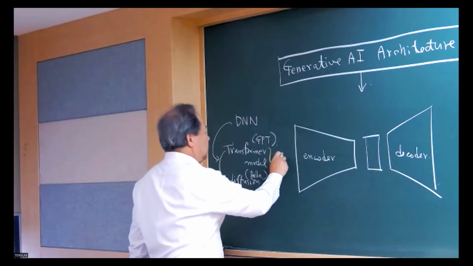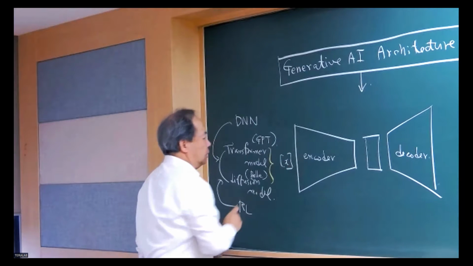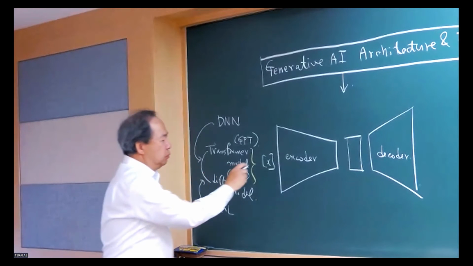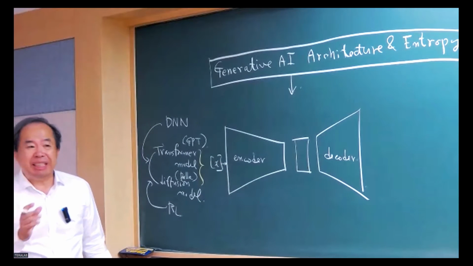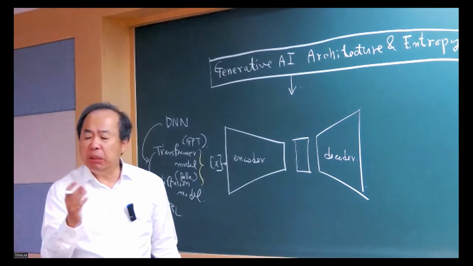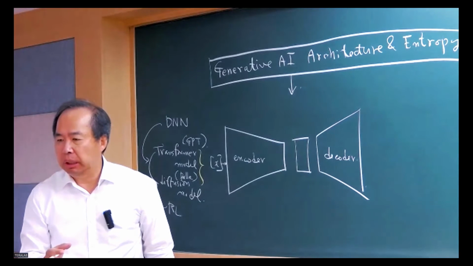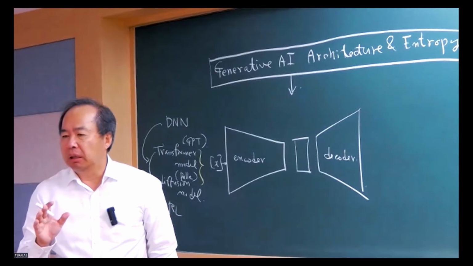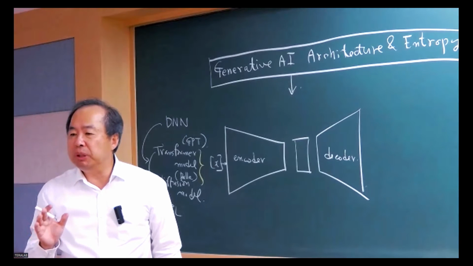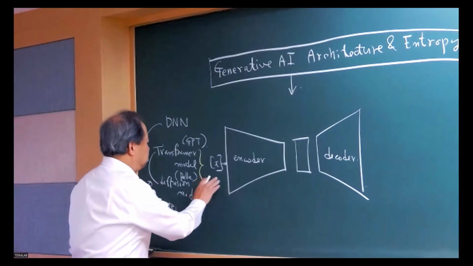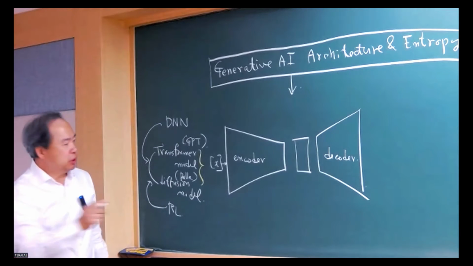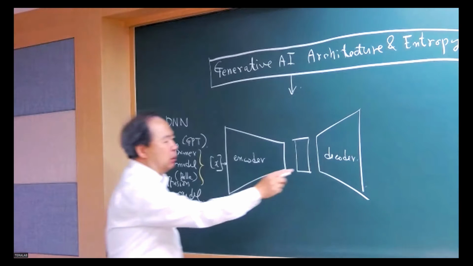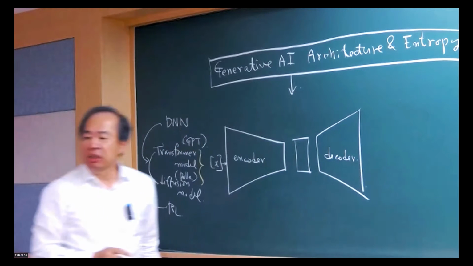You can put X as an input to the encoder. X could be either text or image or sound. Any type of digital file could be used as an input. For the case of DALL-E, you use text input and the output is going to be an image.